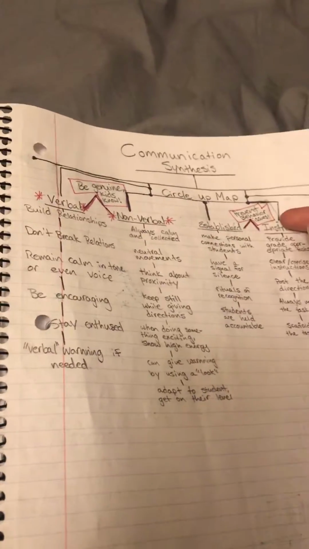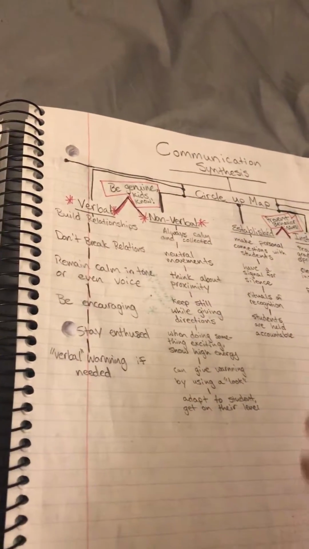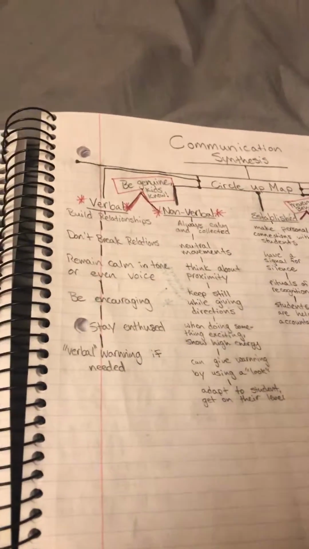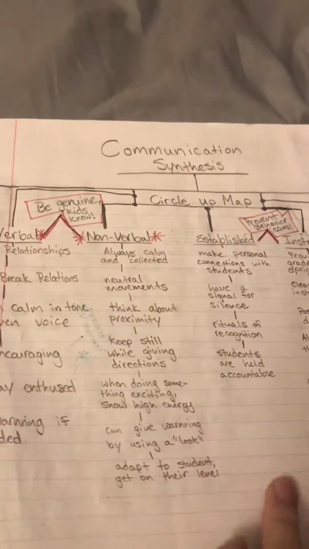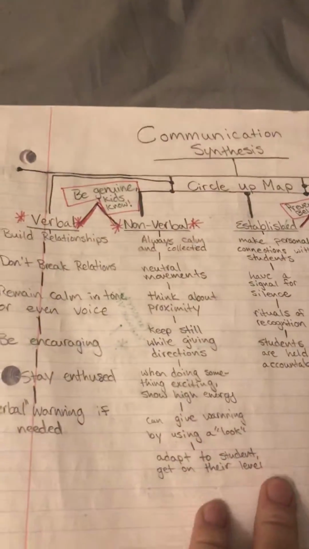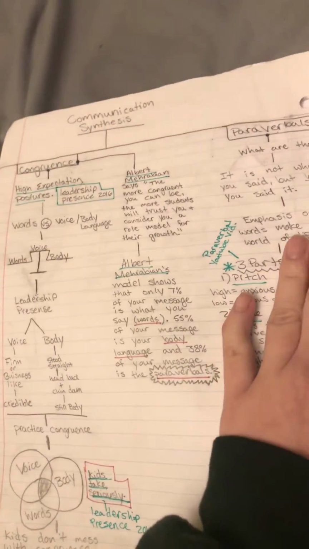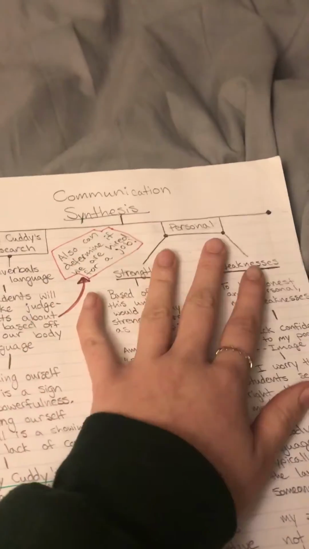So we did a circle map on our Circle Up, and so this whole page is just that alone, and each branch is a different idea that I saw throughout that circle map. And then I did the congruence here, the paraverbals here, and I have Amy Cuddy's research, and then my personal strengths and weaknesses to talk about.